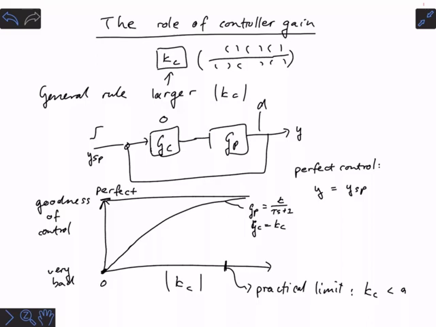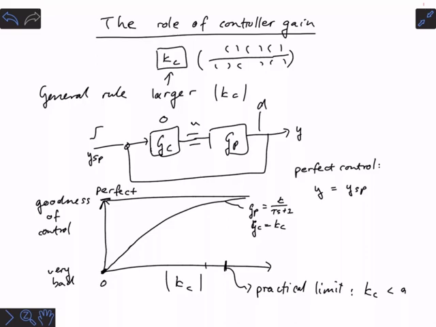And then there's another practical bound which has to do with the limits on the controller output itself, or the manipulated variable, depending on how you think about it. Because even if I have an infinitely large gain, or even if I have a super huge gain, right, I can only open the valve up to 100%.